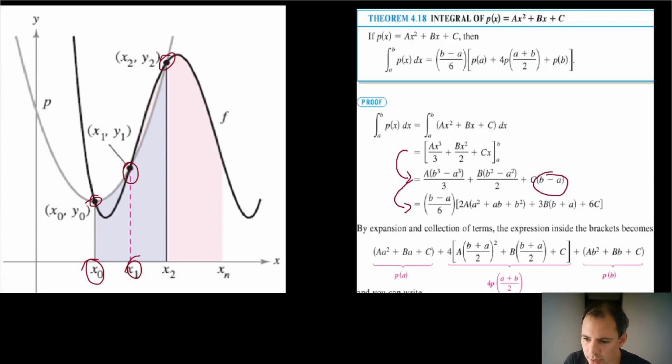Actually, you have b minus a hidden in here, because this is b plus a times b minus a. And you also have b minus a hidden in here. If you do b minus a times a squared plus ab plus b squared, you're going to come up with b cubed minus a cubed. So you have b minus a everywhere in here.